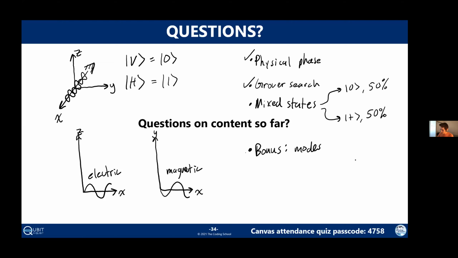The cool thing about mixed states, though, with the Bloch sphere is that today we talked about points on the surface of the Bloch sphere. And it turns out that, as I said, every point on the surface of the Bloch sphere is a pure quantum state, right? Every point on the surface of the sphere is a quantum state. Points on the inside of the sphere are mixed quantum states.